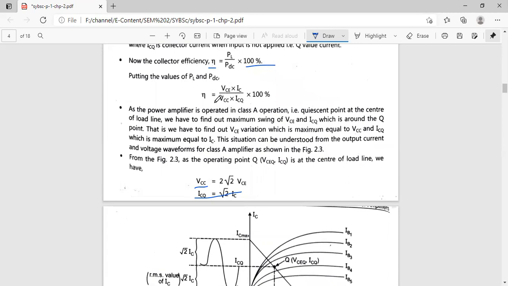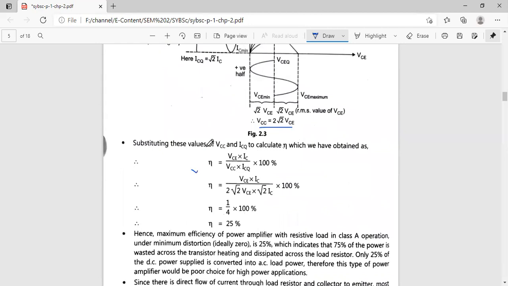So in this formula we can substitute the value of VCC as 2 root 2 VCE, and the value of ICQ as root 2 IC. Correct? Eta is equal to VCE into IC divided by VCC into ICQ into 100. This is our previous equation, and if we put values in this, we will get 2 root 2 VCE into root 2 IC into 100.